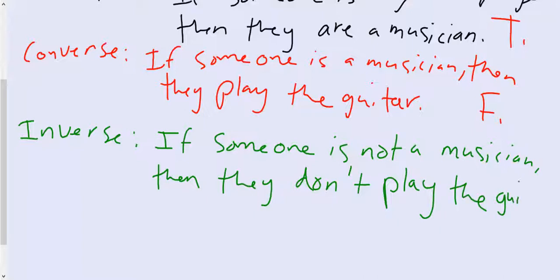Some of these get kind of tricky to think about. I actually have to think about some of these. So if I am not a musician, then I don't play the guitar. Okay, that's true, because if I'm not a musician, it means I don't play any instrument.